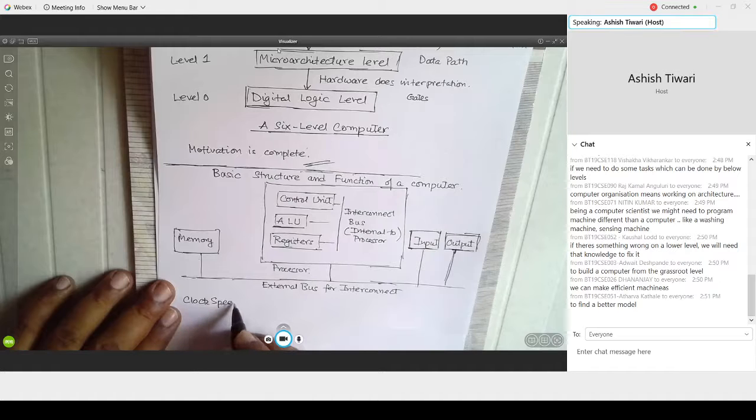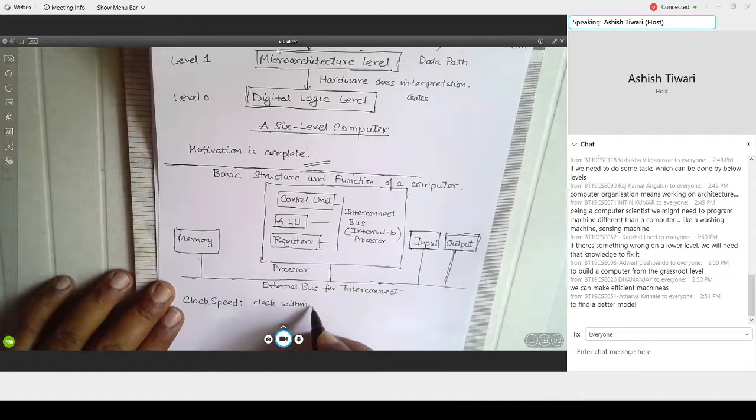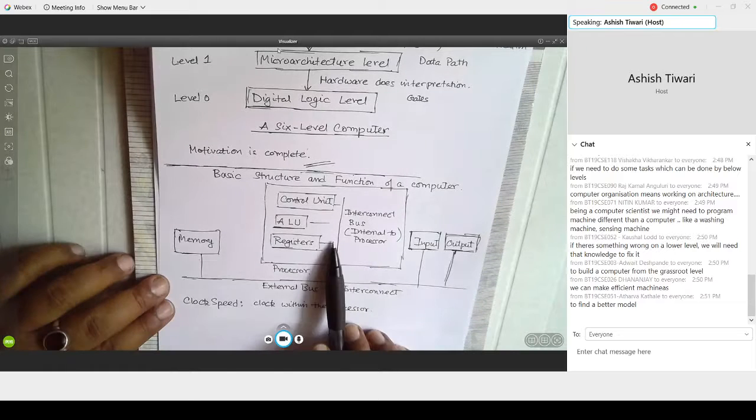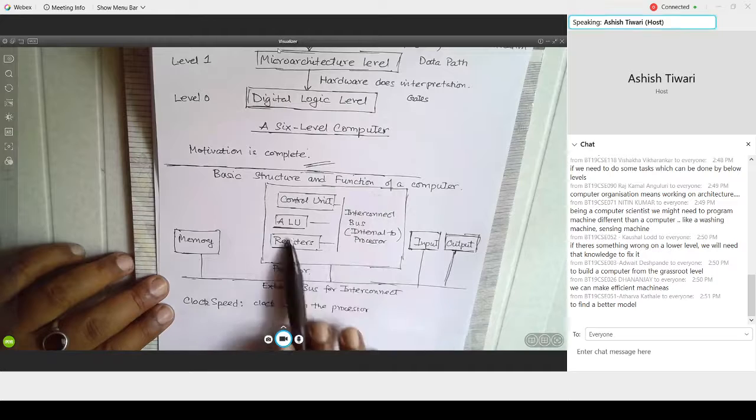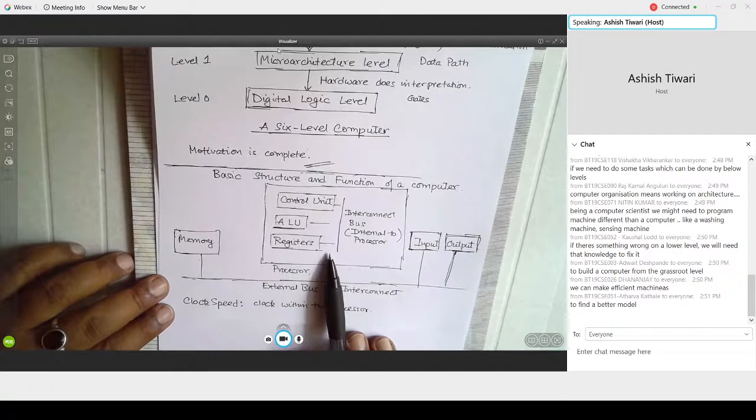Clock speed essentially refers to the speed of the clock within the processor. There are a couple of things to understand. The first thing is that the circuit inside the processor is clocked, right?